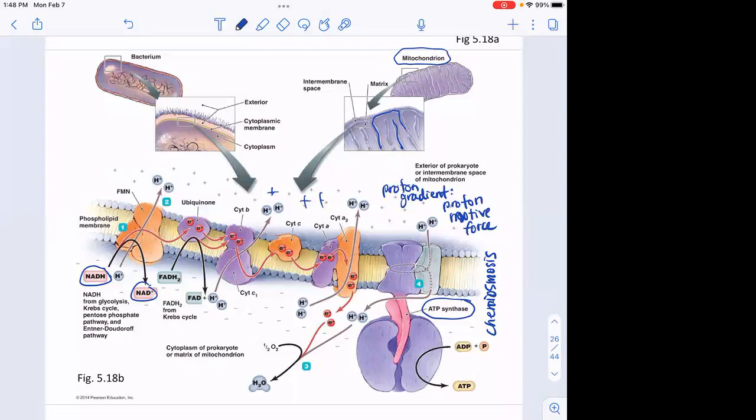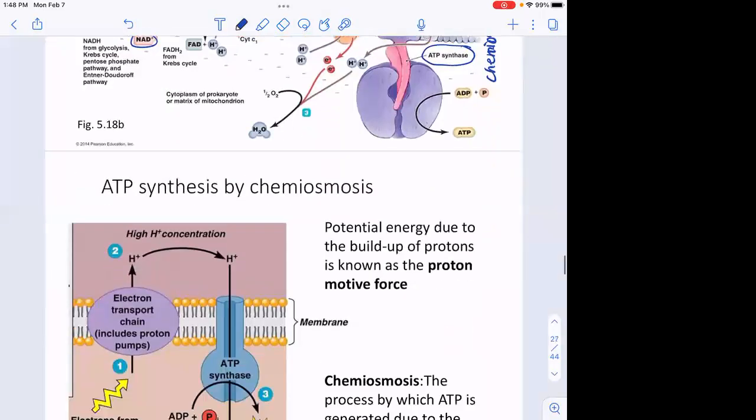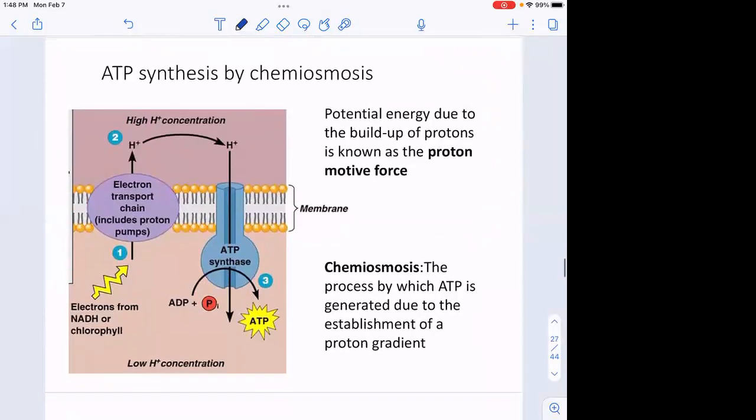Okay, let me come back to this in a second, but I found another slide that explains that process maybe a little bit better, because those two terms, proton motive force and chemiosmosis, are used to describe kind of the same thing that's going on there.